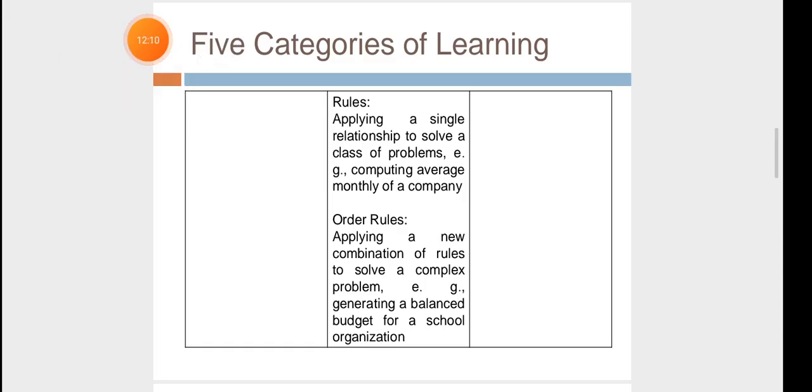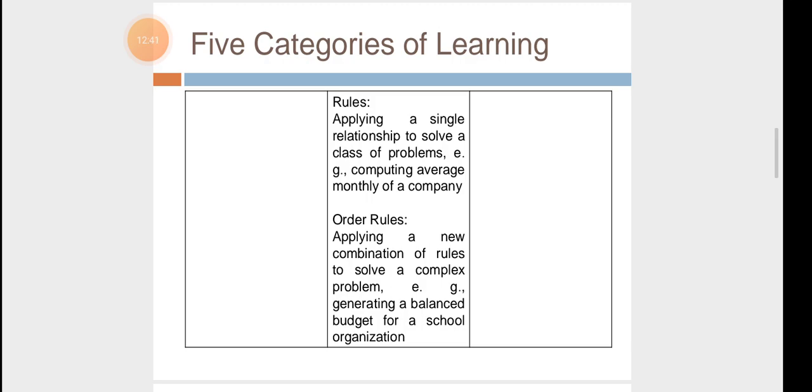Especially in a company, they already know the monthly salary or average. Applying a single relationship to solve a class of problems, the teacher or student is aware, especially the teacher, of what is appropriate to apply in order to solve the problem of the student.